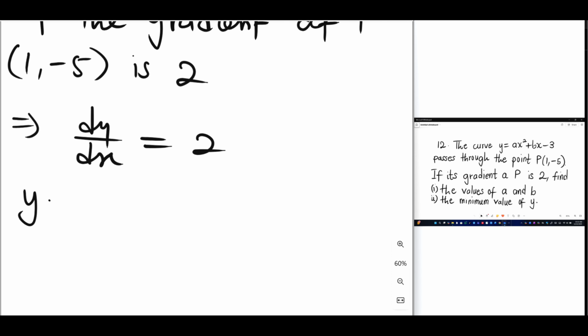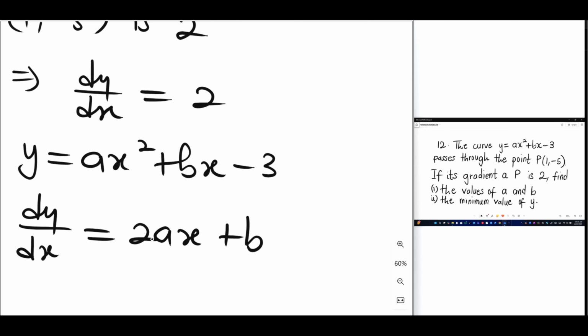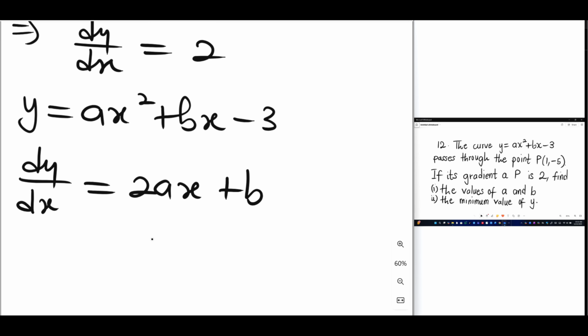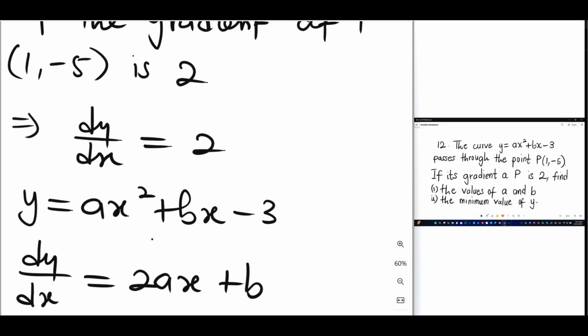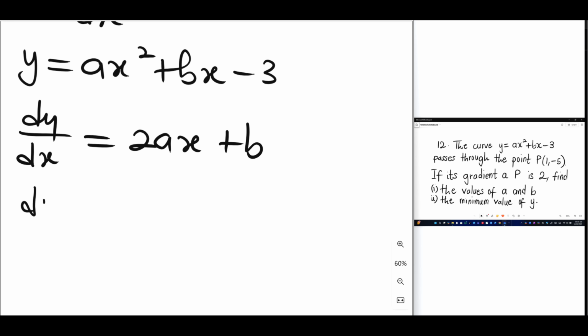So we bring our function back, which is y equals ax squared plus bx minus 3. We are going to differentiate. So we have dy/dx equal to 2ax plus b. But we have the gradient at point P, so we have the x coordinate of the point P to be 1. So we have to plug in the value of the x coordinate.